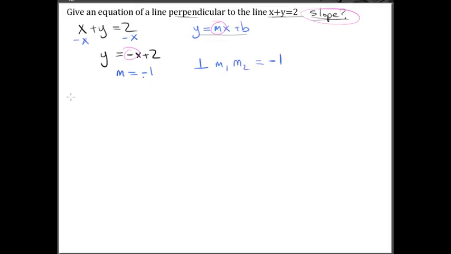So our new line is going to have a slope of just 1, because a negative 1 times 1 is negative 1. And remember, that's what we want to get perpendicular. So any line with slope 1.